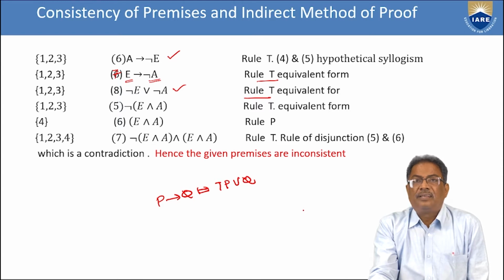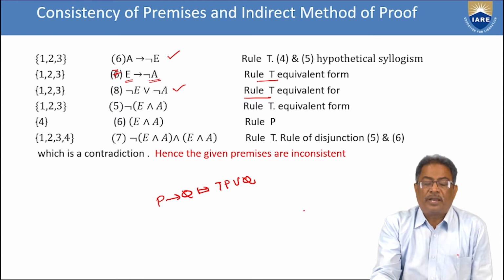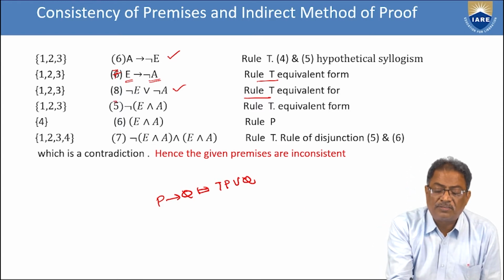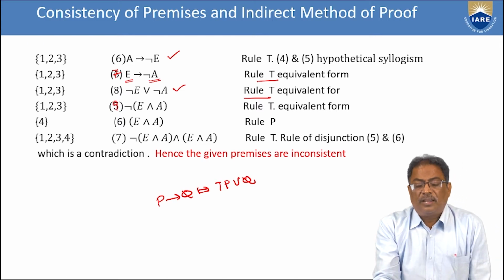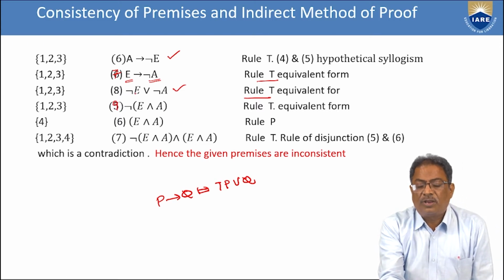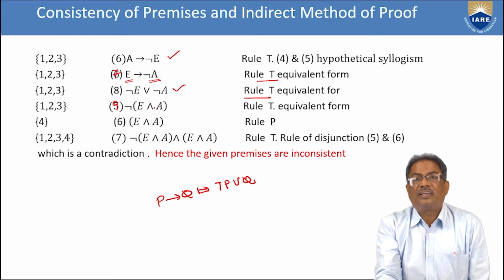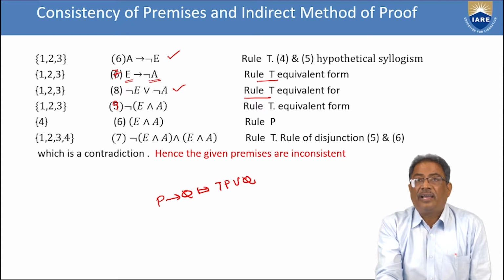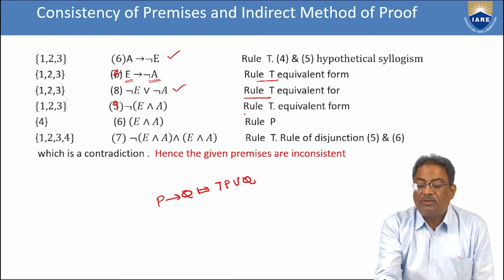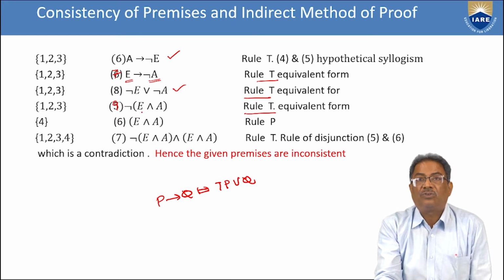Then I took negation as common, so this is the 9th step. Then we represent it like this: negation of E and A is true.